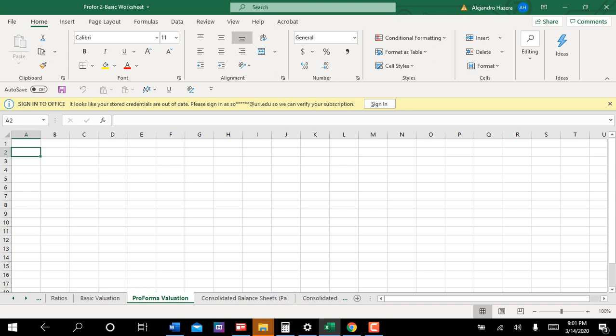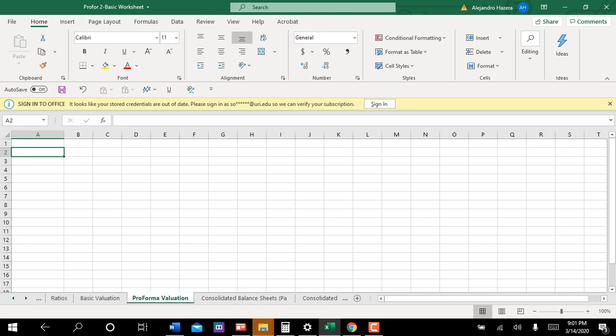Once again, the assumption in this model, just like in the other one, is that we're going to use a two-stage model. Right here, we're going to have a super growth stage.